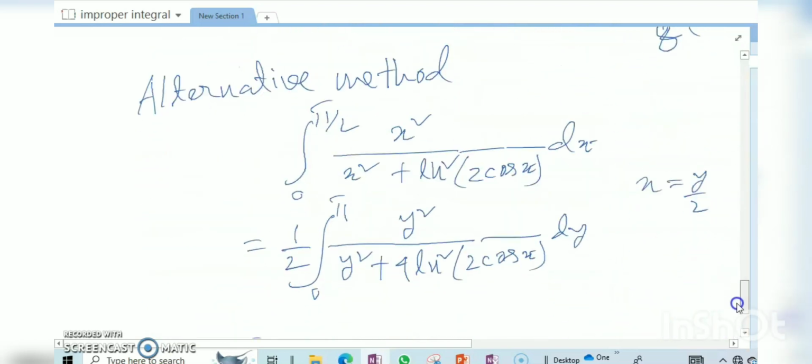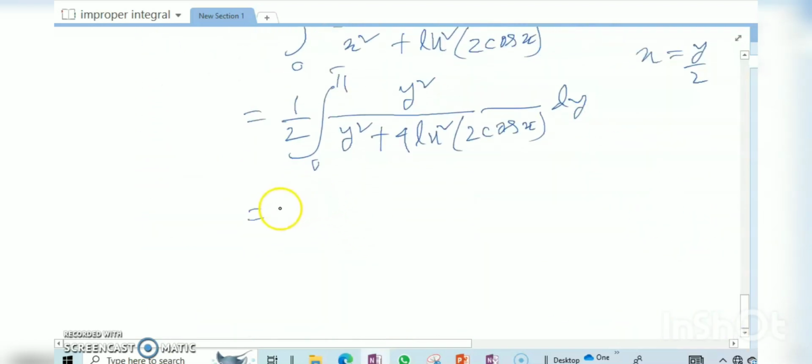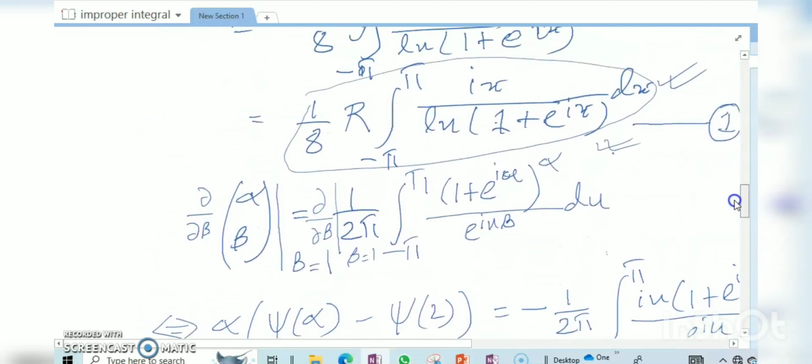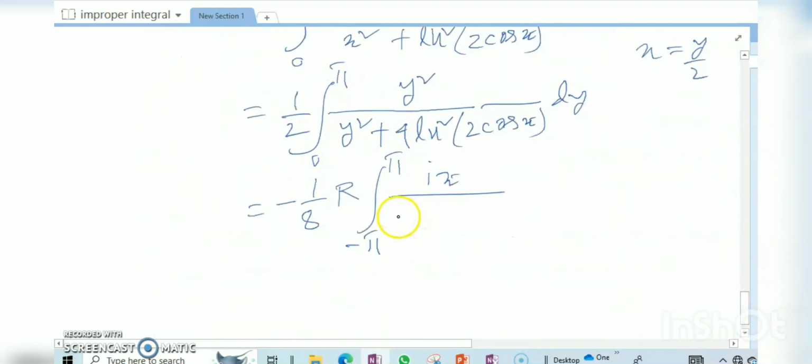So I can write this value as minus 1 by 8 r into minus pi to pi of ix divided by ln of 1 plus e to the power ix.